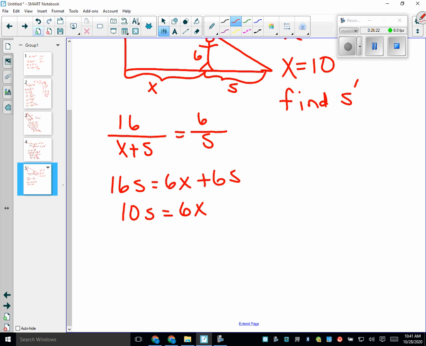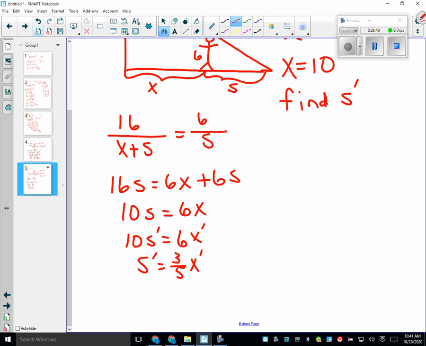I want to find the derivative. I want to find s prime. What's the derivative of this? So s prime is 3/5 x prime.